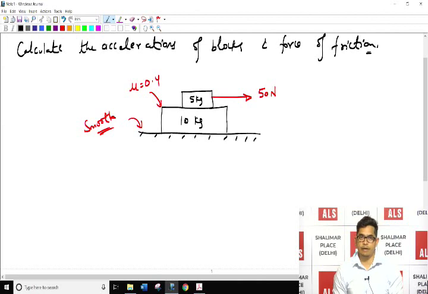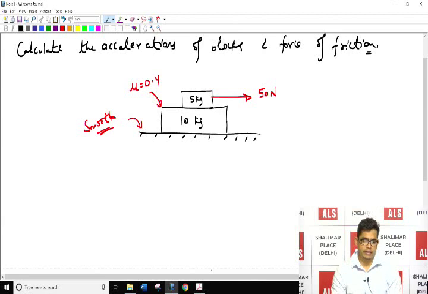Now first step is whether the blocks will move or not. Obviously they will move because the lowermost surface is smooth. If it is smooth and if you apply some force, it will definitely move. Alright, so movement is there.